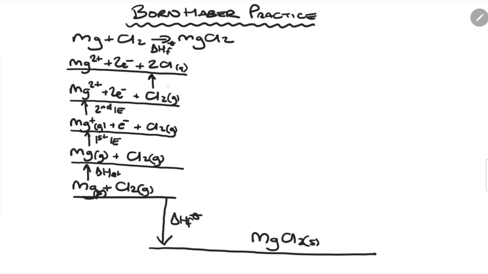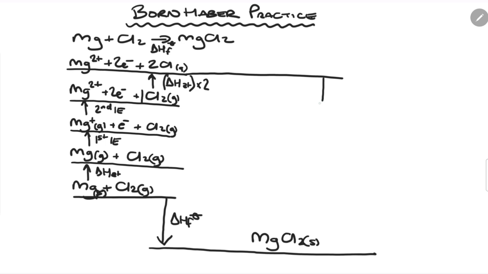Now, depending on the question, this may be given as an atomization, which is by definition the creation of 1 mole of a gaseous atom, or for non-metal diatomics, you may be given the bond dissociation energy. The bond dissociation energy being the energy required to break 1 mole of molecules, which will give you 2 moles of chlorine atoms. And so sometimes you just have to be careful of what you're given. But if I'm being given the atomization, I'm going to have to double that numerical value when I get to my calculation.